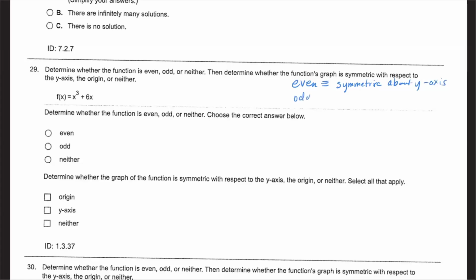Odd means symmetric about the origin. And if it's not symmetric about either of those things, then it's neither.